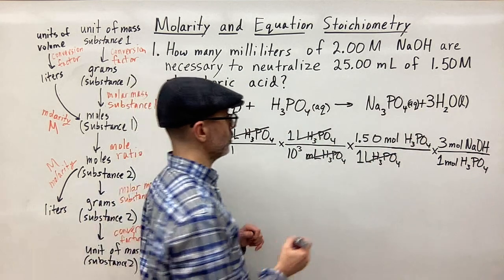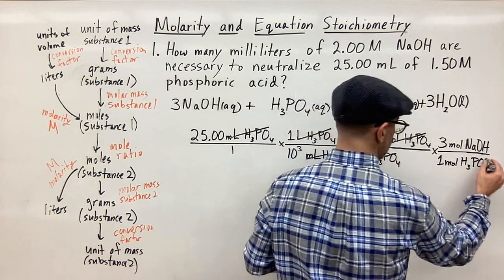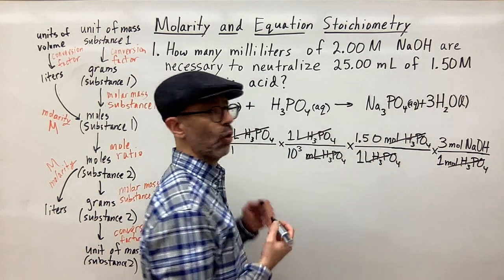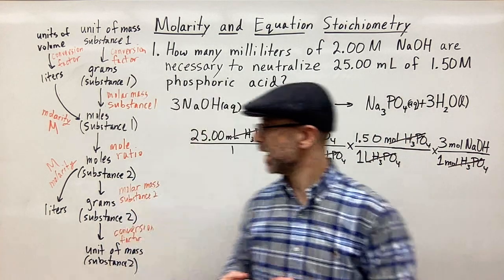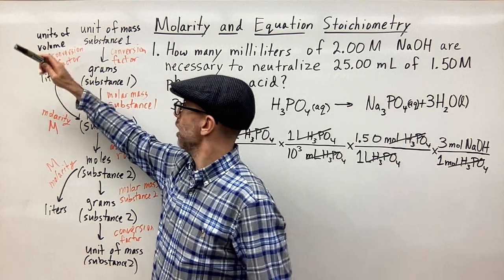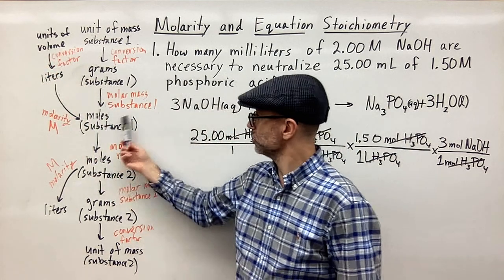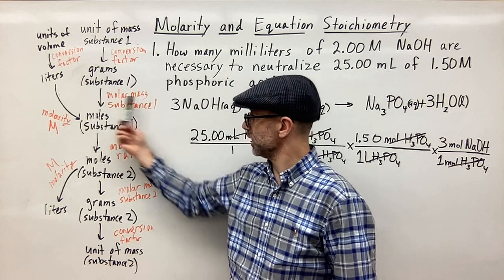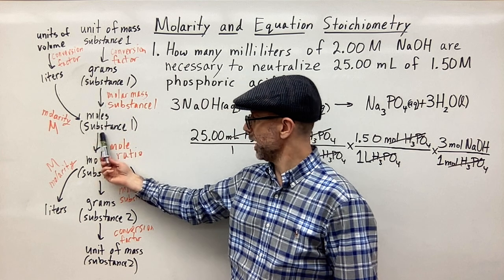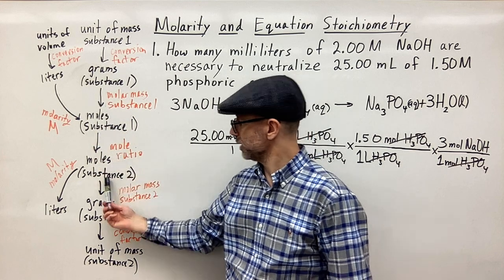And so here the moles of the phosphoric acid cancel out. Now I have moles of NaOH. So I've gone from milliliters to liters to moles, and now I'm at moles. I have moles of one substance, that's my phosphoric acid. And now I use the mole ratio to get to here.